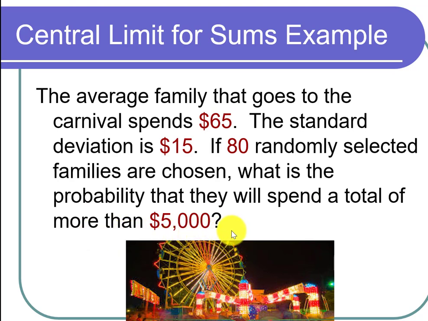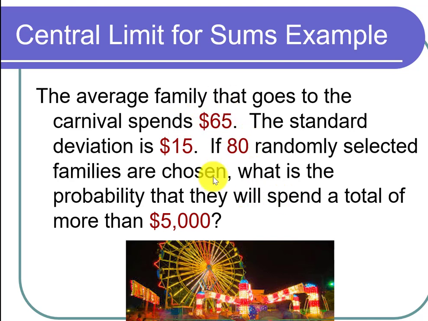So notice that this is a central limit theorem for sums because of the word total. We're not looking at the average amount that they're spending. We want the total amount of money that comes in from those 80 families. And a total is a sum.